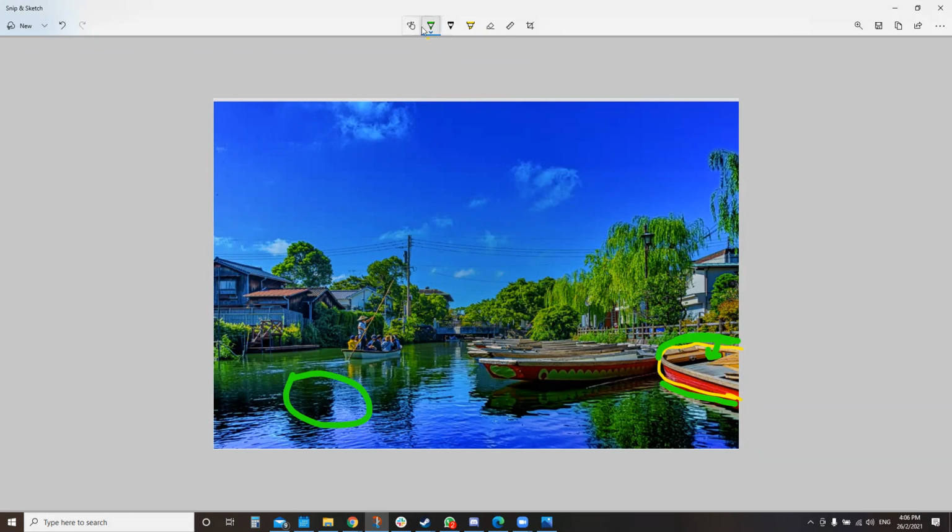Okay, because the picture that you're looking at is trying to show you a river view with houses at the side. What is distracting from this beautiful view is the pole here, the cables that are running here, and this light post here.